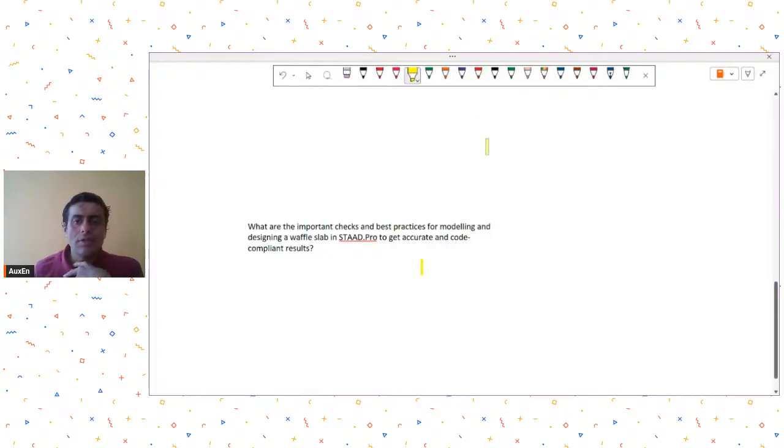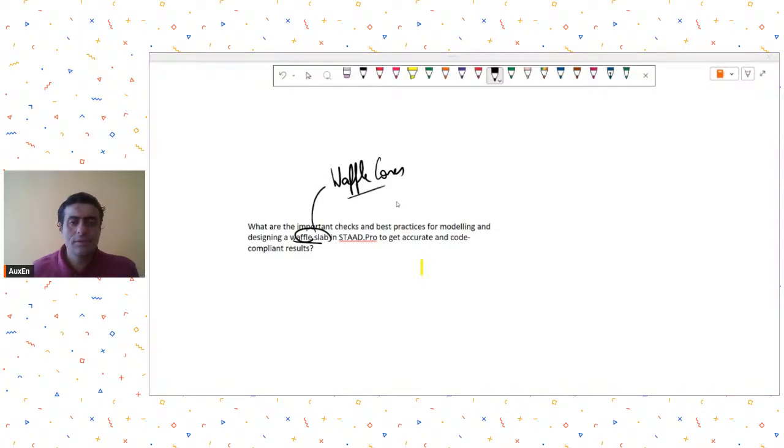Now, what is a waffle slab? The waffle term actually derives from the waffle cone. Have you seen waffle cones? Ice cream cones. So this waffle slab term actually gets derived from there, and waffle means closely spaced grid-like structure. I think if you go to Naturals ice cream, they give the ice cream in a waffle cone.